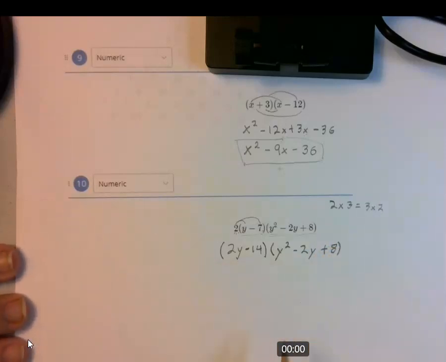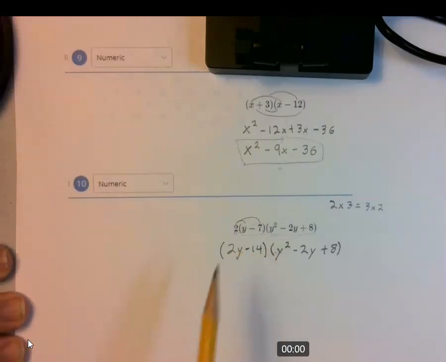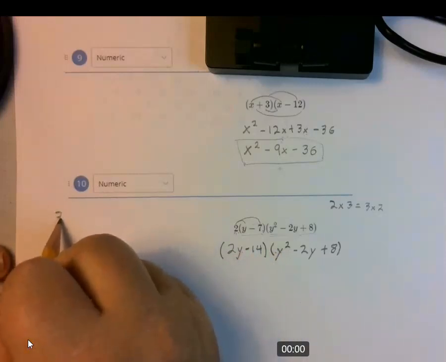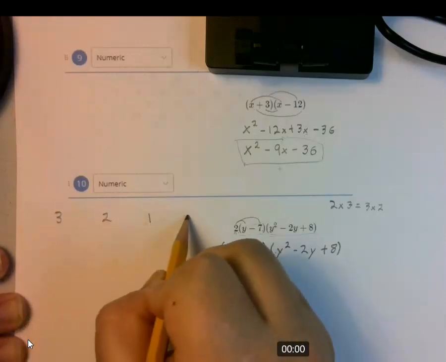Okay, so what we're going to do is, I see that the biggest term is going to be y times y squared, which is y to the third. 1 plus 2 is 3. So I'm going to come over here and write 3, 2, 1, 0.